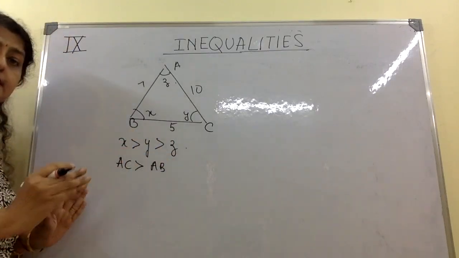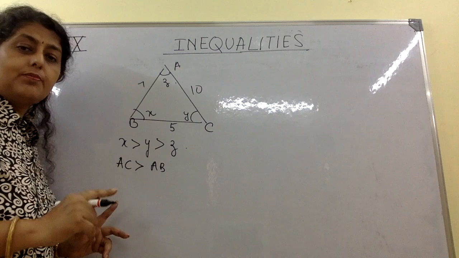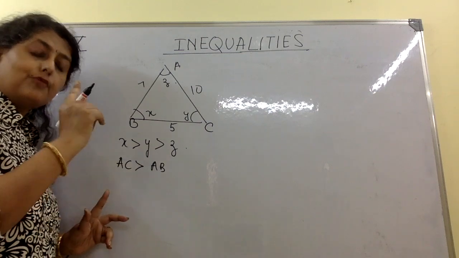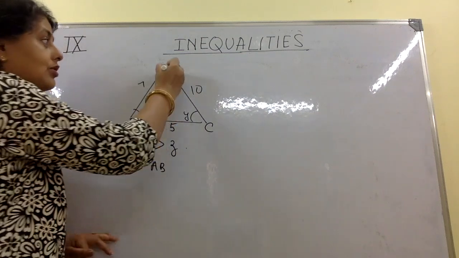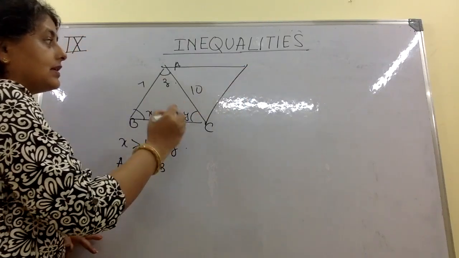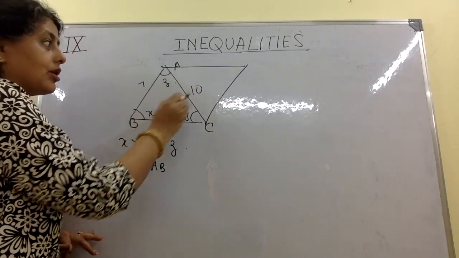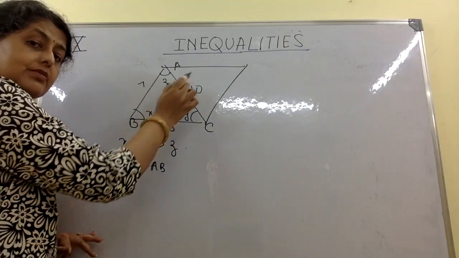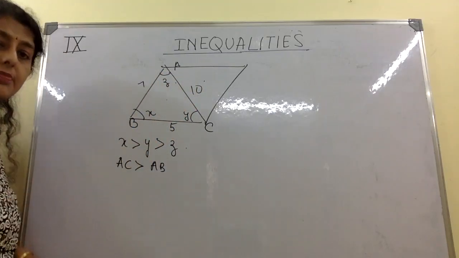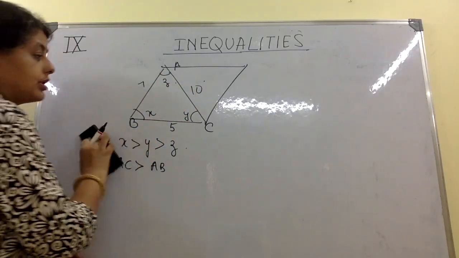And this is one very important thing: this applies for one triangle. This rule will not apply if I have another triangle here, not combined for this triangle and this triangle. Let me see a few examples, then you will know it better.